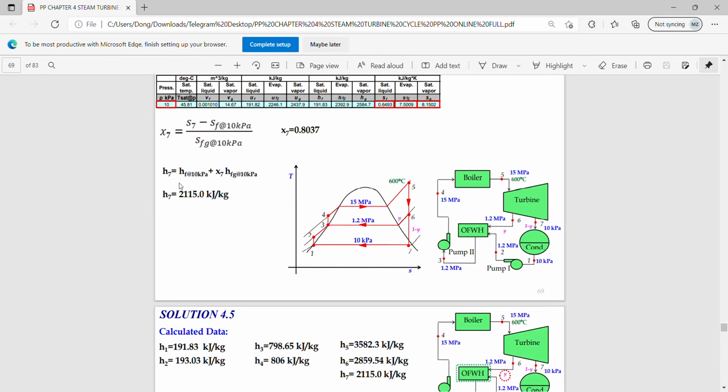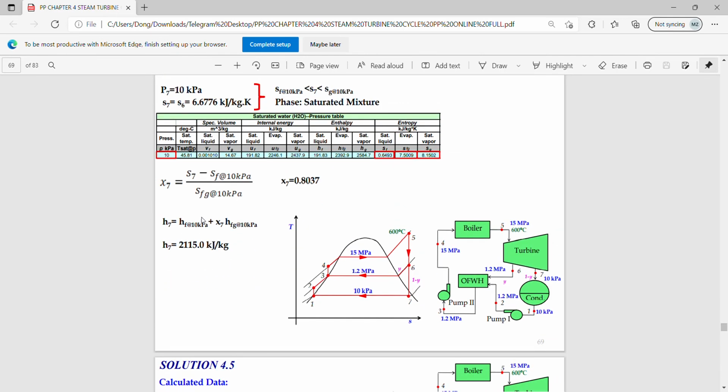So we need to find H7. H7 equal to HF at 10 kilopascal plus X7 times HFG at 10 kilopascal. We can get HF and HFG from the saturated water pressure table.